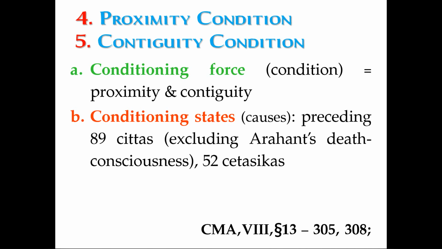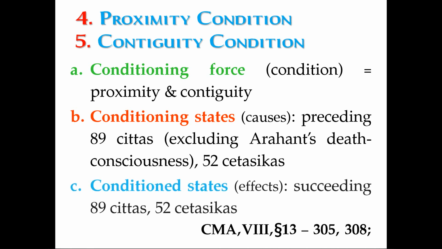Conditioning states, or the cause: the preceding 89 cittas, excluding the arahant's death consciousness, and 52 cetasikas are the cause of the arising of the succeeding 89 cittas and 52 cetasikas.